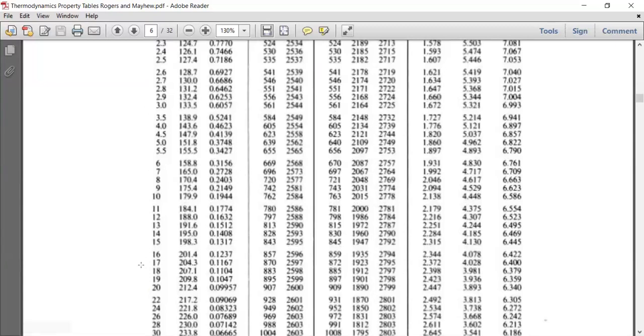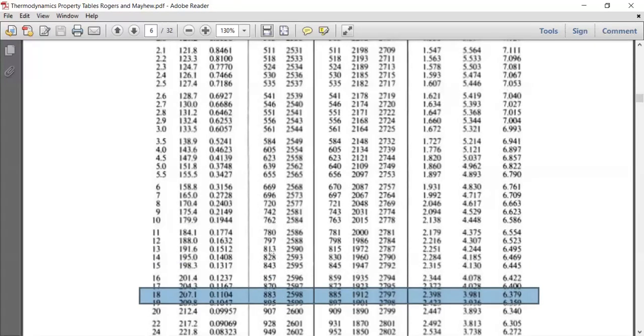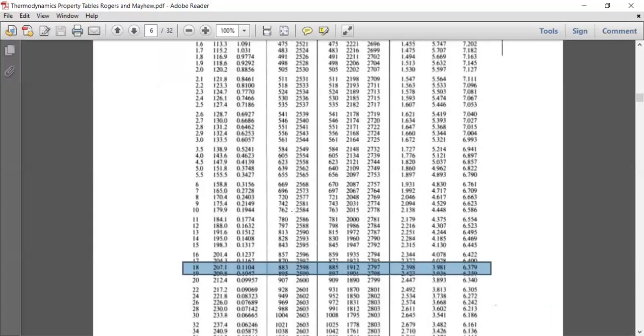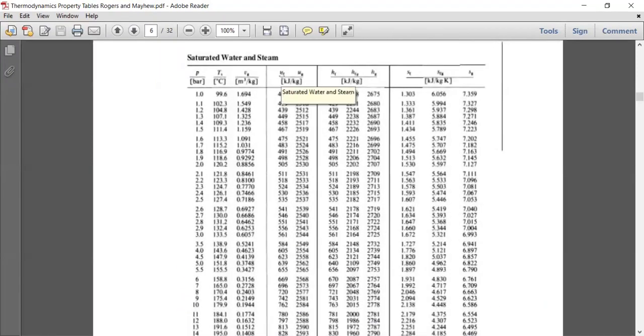This is your 18 bar. So you can have all the values here: internal energy of water, where f means liquid and g means vapor, enthalpy of water hf, vapor hg, entropy of water sf, vapor sg. All at the boiling point.